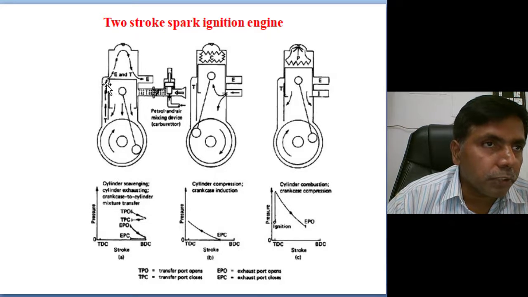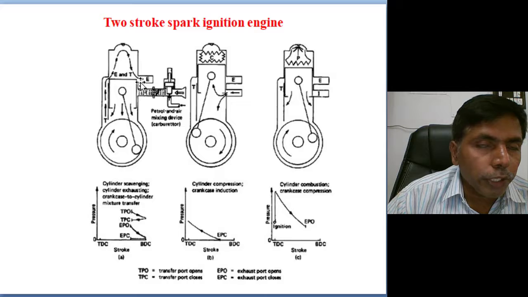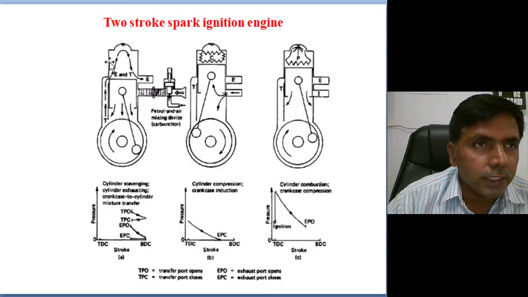Because the compressed fresh charge is at high pressure, it enters the cylinder, the combustion chamber area, and forces the remaining exhaust gas out of the cylinder. So through the transfer port, whatever charge is coming, the scavenging operation is also taking place.